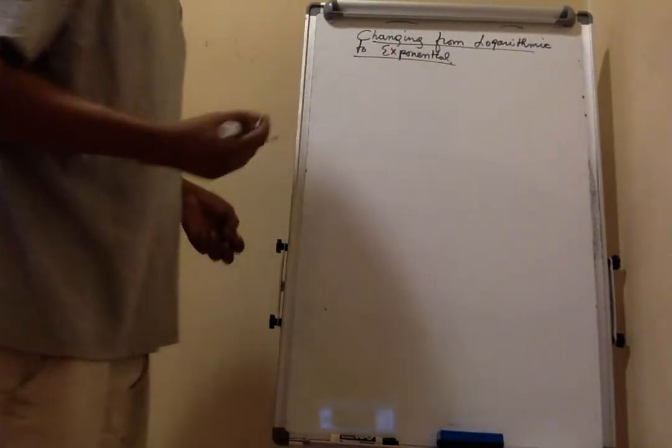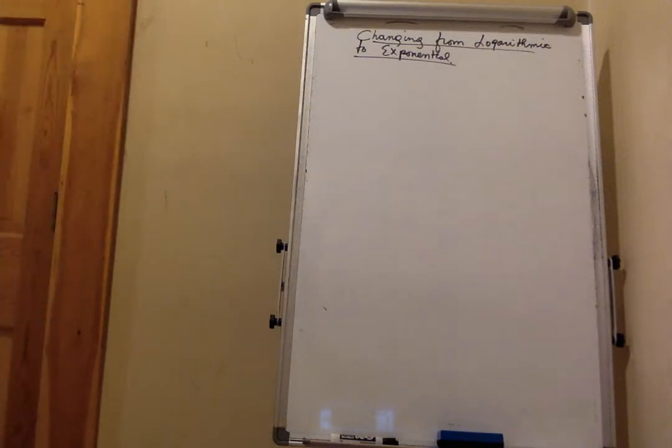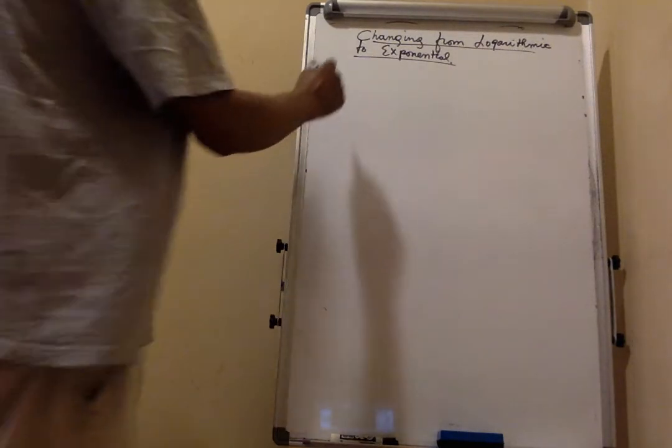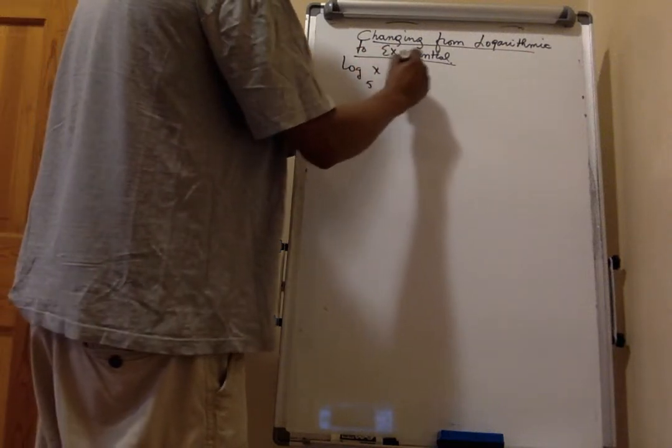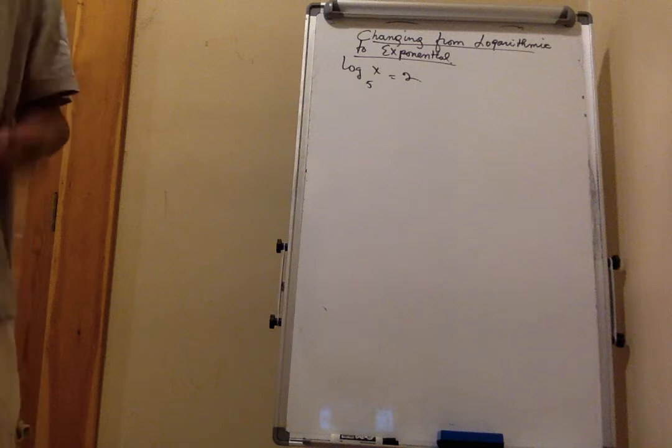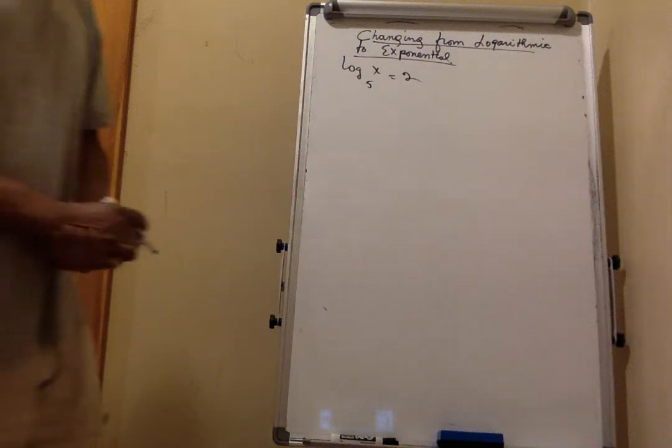And once we know the formula, this is not going to be that far. So if you have log x to the base 5 is 2, change this into the exponent function.